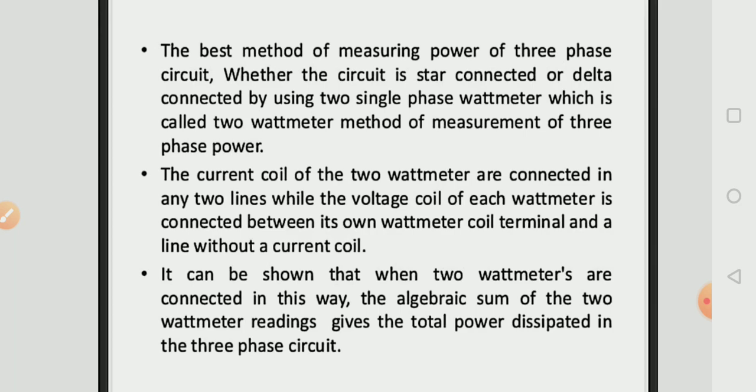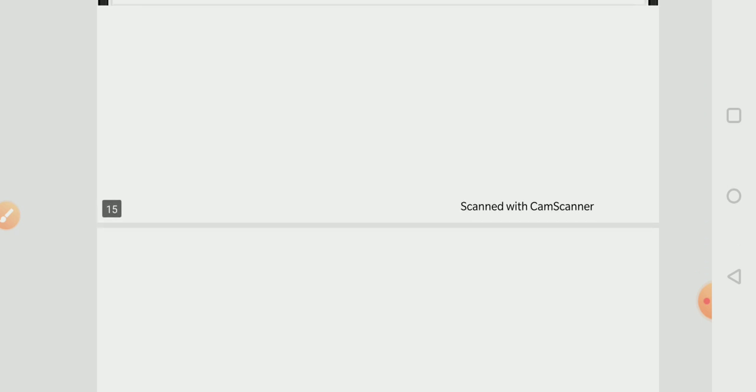It can be shown that when two wattmeters are connected in this way, the algebraic sum of the two wattmeter readings gives the power dissipated in the three-phase circuit.